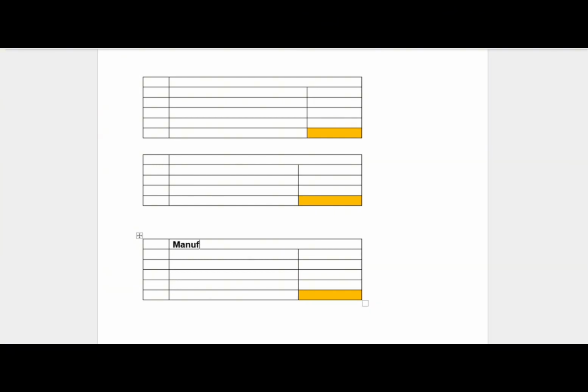Number one, we know that the formula to calculate manufacturing cost is direct material plus direct labor plus manufacturing overheads.